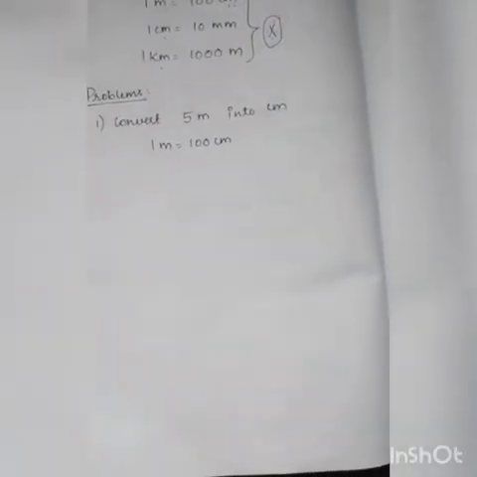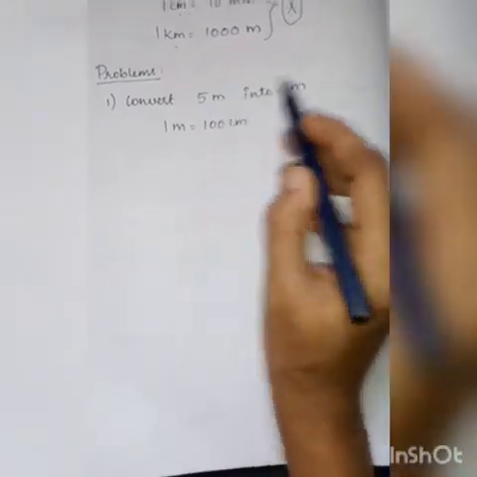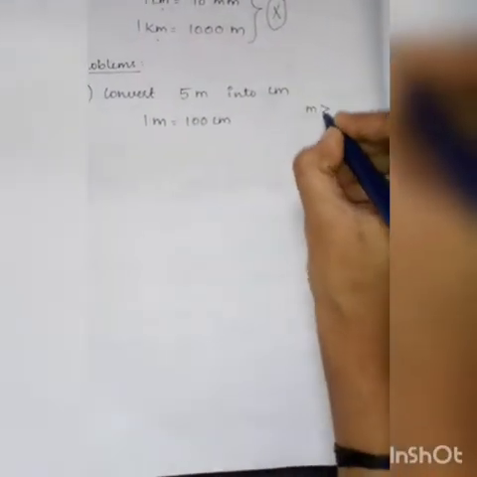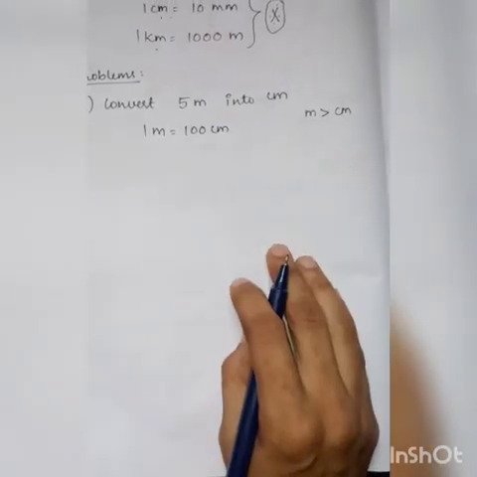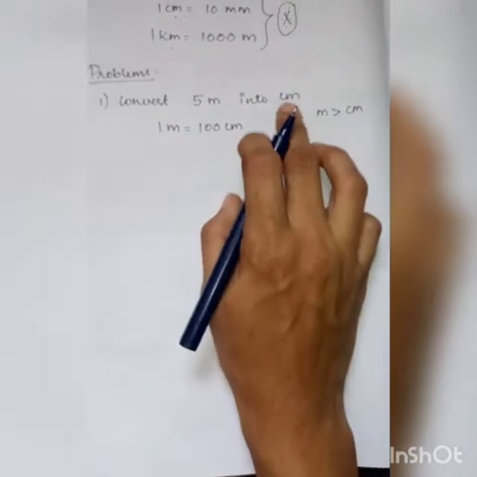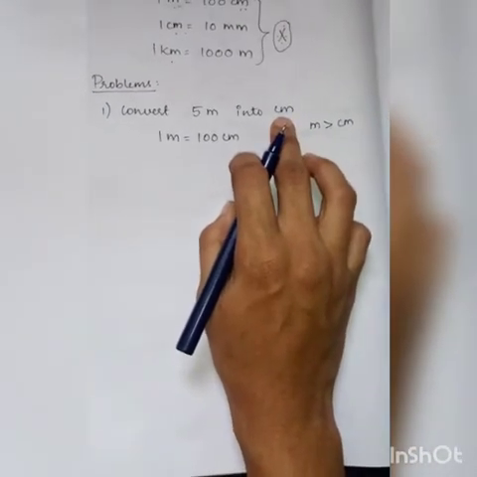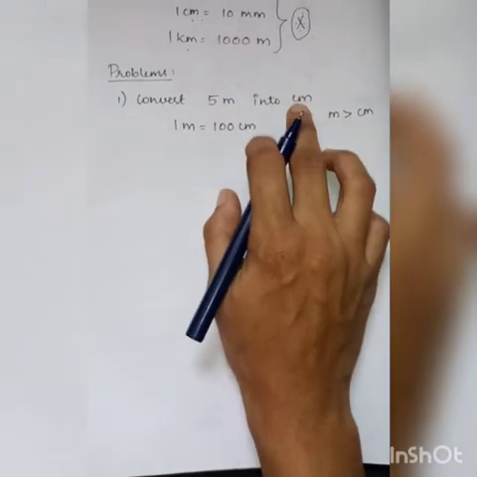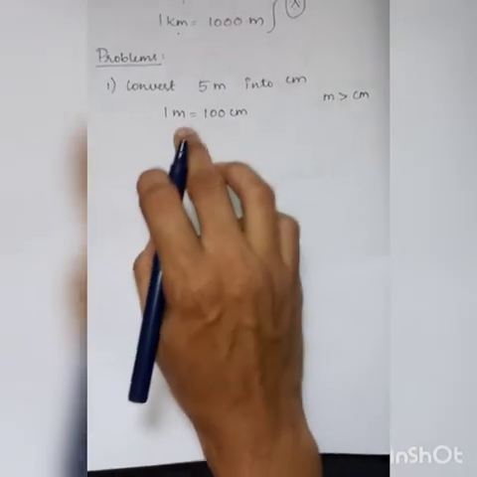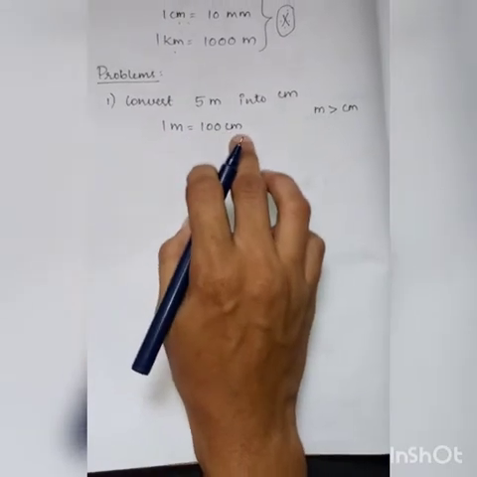Now listen, how to convert 5 meter to centimeter. Meter is greater than centimeter, right? If we are converting from bigger to smaller, what will you do? You will multiply. Do you remember that rule? Bigger to smaller, you will multiply. So what is the formula? 1 meter is equal to 100 centimeter.